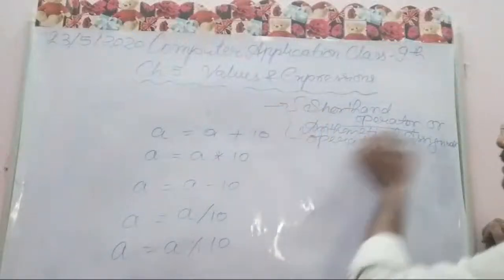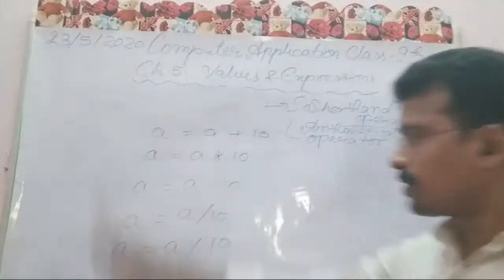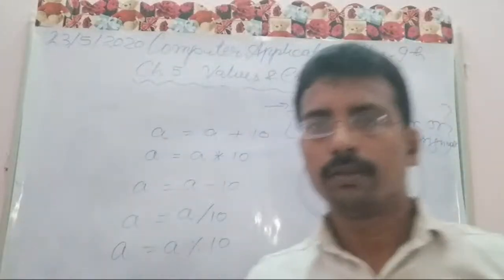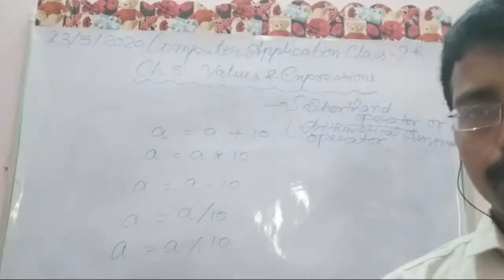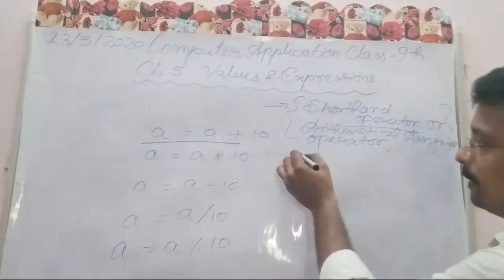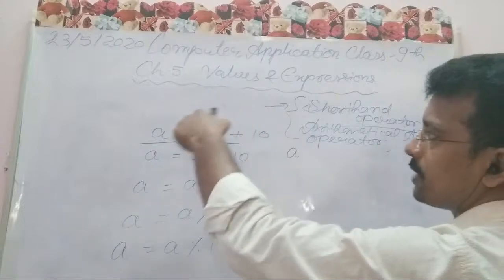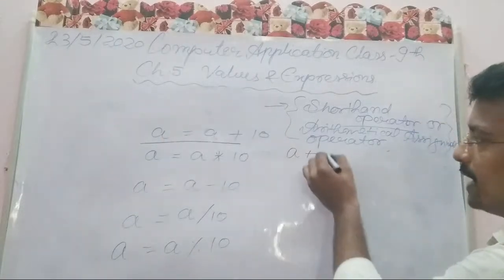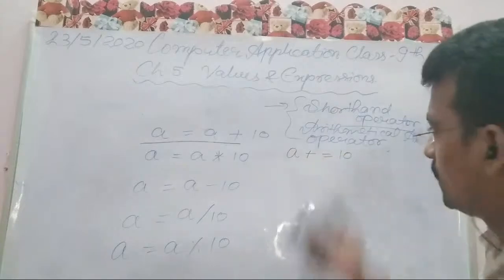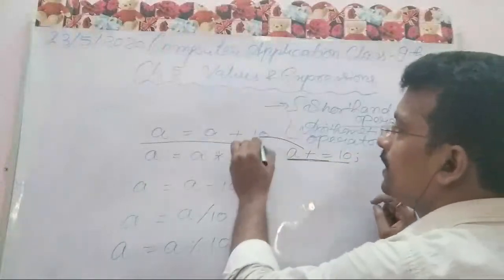What is a shorthand operator? This is not a shorthand operator, sorry. Writing these expressions, we can use shorthand operators. What are those? Let's see. When you have to write using the shorthand operator, you will write this way: starting with A, keep the plus sign here, then equal, and then 10. This is the use of the shorthand operator. When you expand it, it will be expanded in this form.